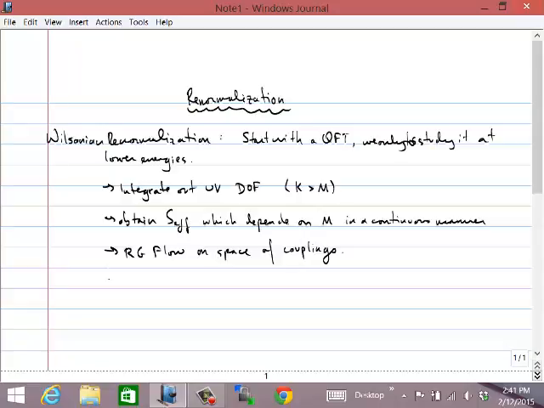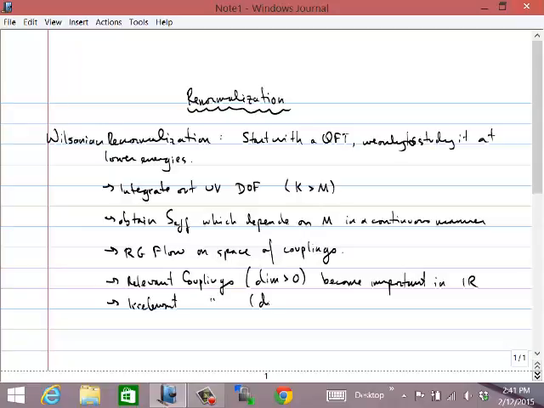In particular, relevant couplings, namely those with positive mass dimension, become very important in the infrared. In particular, they grow as you decrease the cutoff scale, whereas irrelevant couplings, those with negative mass dimension, become unimportant in the infrared.